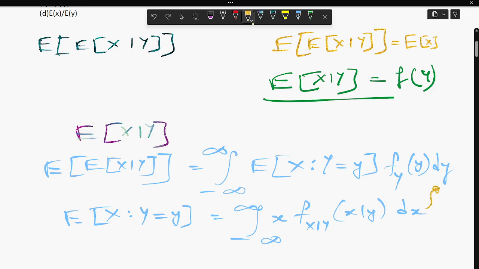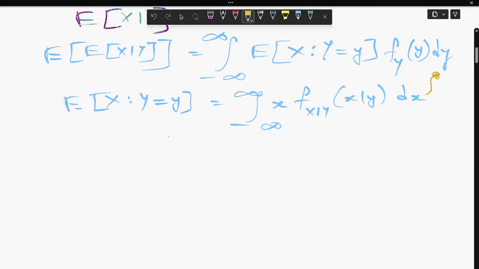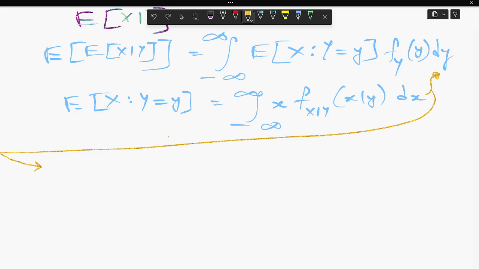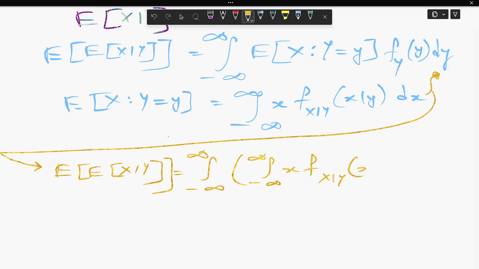If we put this in this, then we will get the expectation of the expectation of x given y equal to the integral from minus infinity to infinity of the integral from minus infinity to infinity of x f(x given y) dx times f_Y(y) dy.